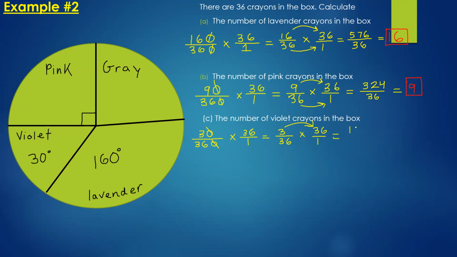That's correct. Then it goes right back around to one of them. So 108 divided by 36 is going to be what? 3.